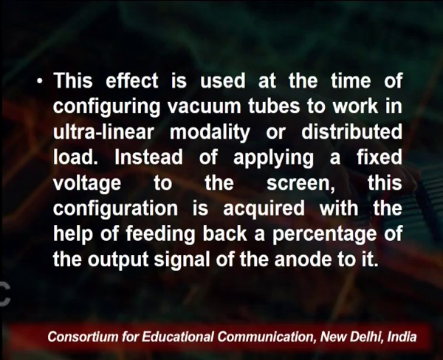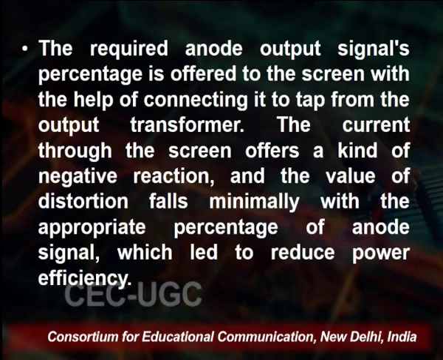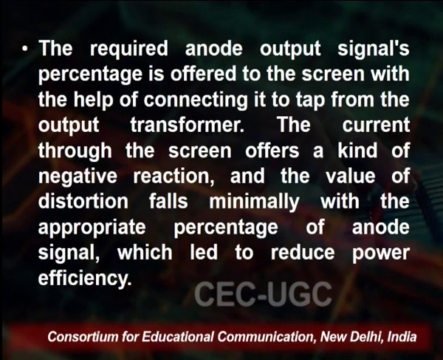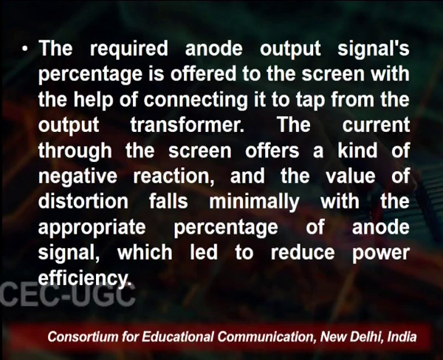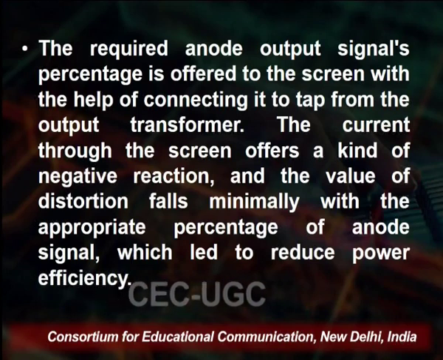And instead of applying a fixed voltage to the screen, this configuration is achieved by feeding back a percentage of the anode output signal to it. So, the required percentage of the anode output signal is offered to the screen by connecting it to a tap from the output transformer.